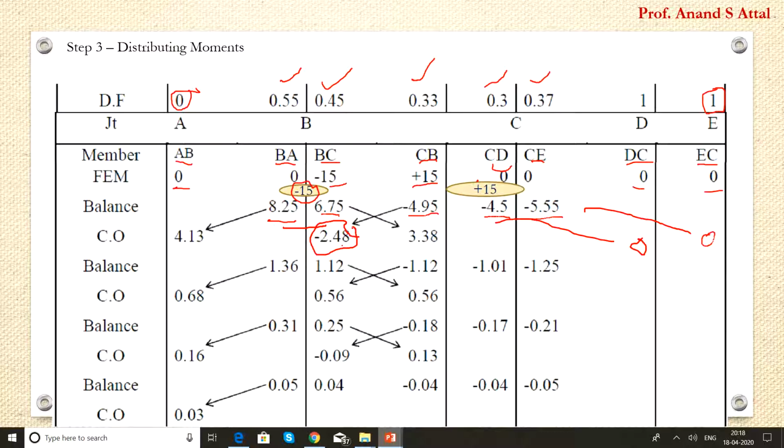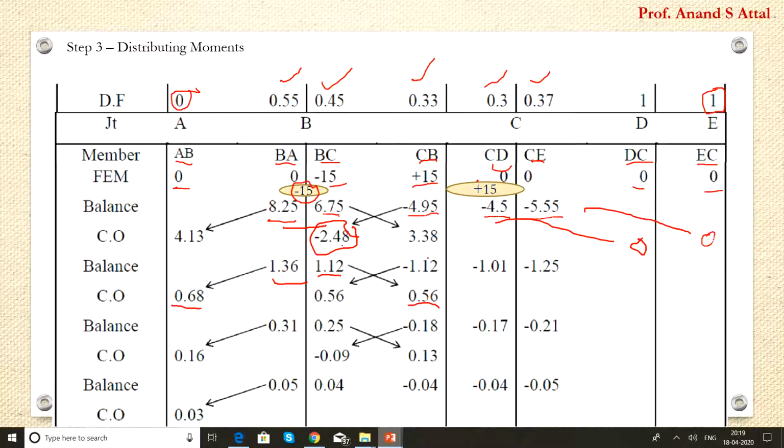We distribute it proportionately by the distribution factors. So 2.48 multiplied by 0.55 gives 1.38, and 2.48 multiplied by 0.45 gives 1.12. Again the carryover goes to the far end: as BC's far end C is continuous, it goes 0.56, and on BA, A support is fixed, so it goes 0.69.